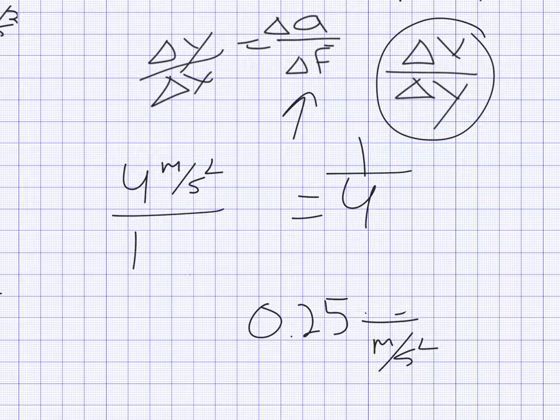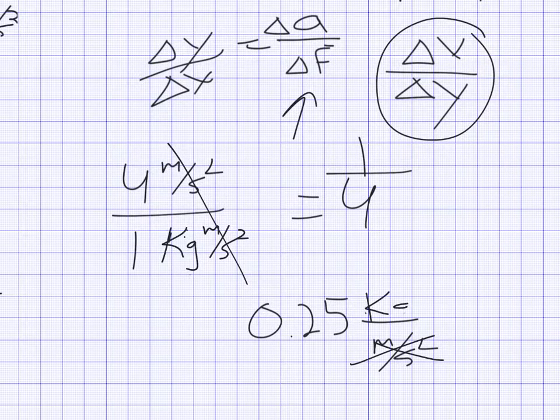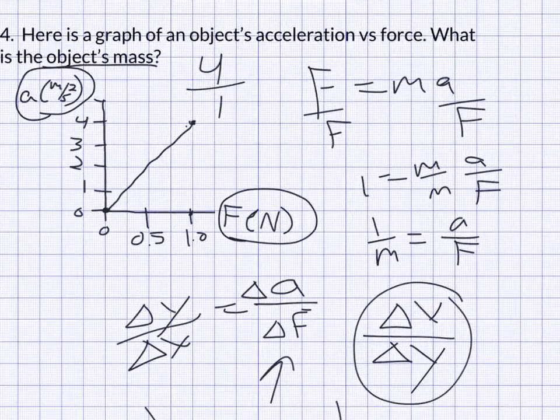And of course, a newton is a kilogram meter per second squared. So when I do this, my meter per second squareds will cancel, and I will get kilograms only. So 0.25 kilograms. Let's see if that answer makes sense, because I did a lot of hand waving there.